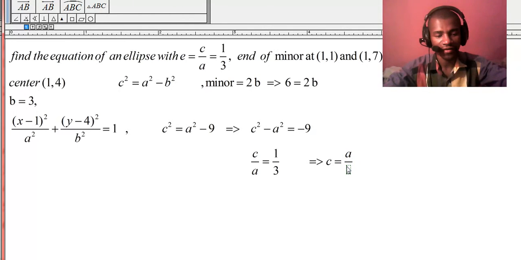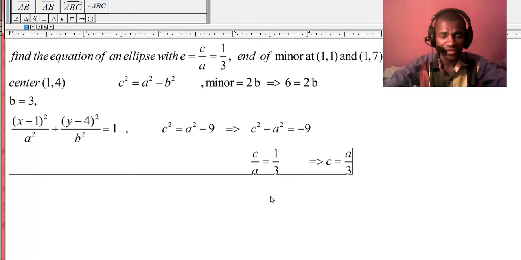Then by substituting into any of the equations, we'll definitely get the answer. So you can substitute, for instance, into this one, C squared minus A squared.